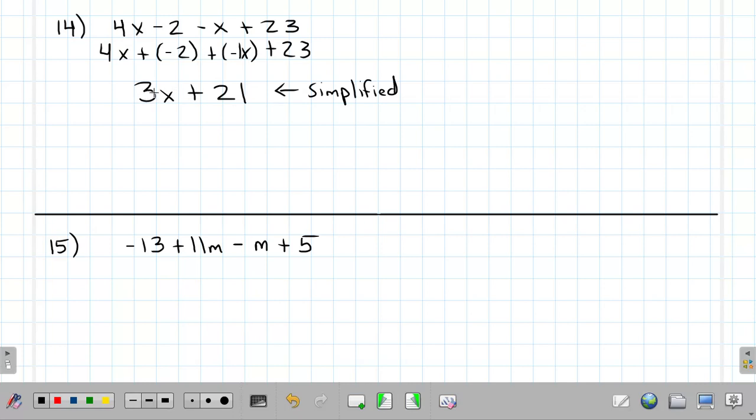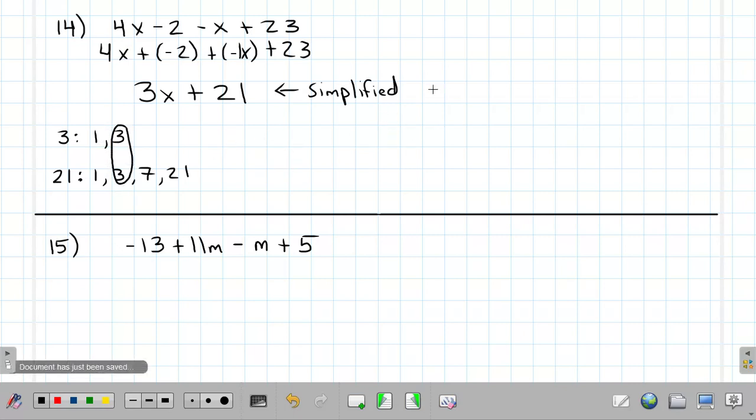Let's actually write it out this time so we can see. 3, the factors are 1 and 3. 21, the factors are 1, 3, 7, and 21. So the greatest common factor in this case is, of course, the 3.